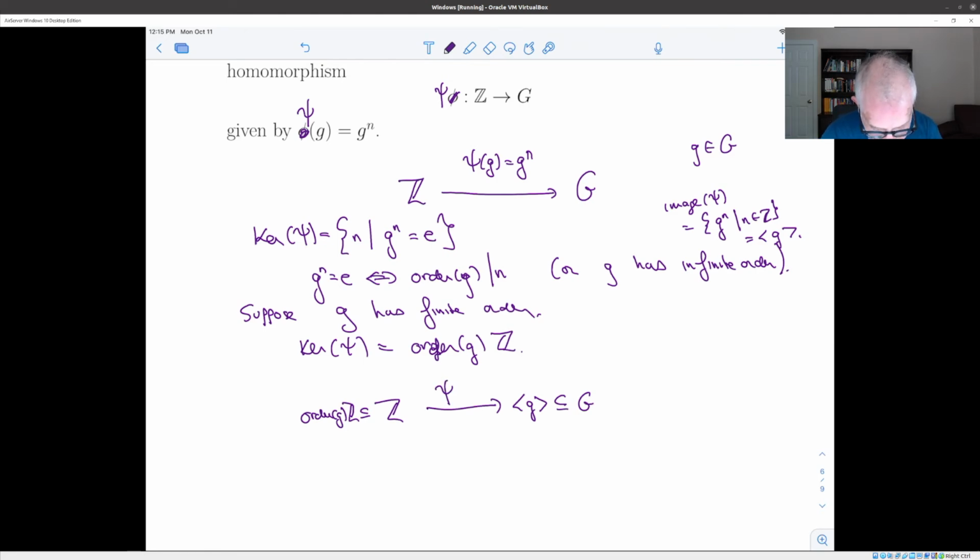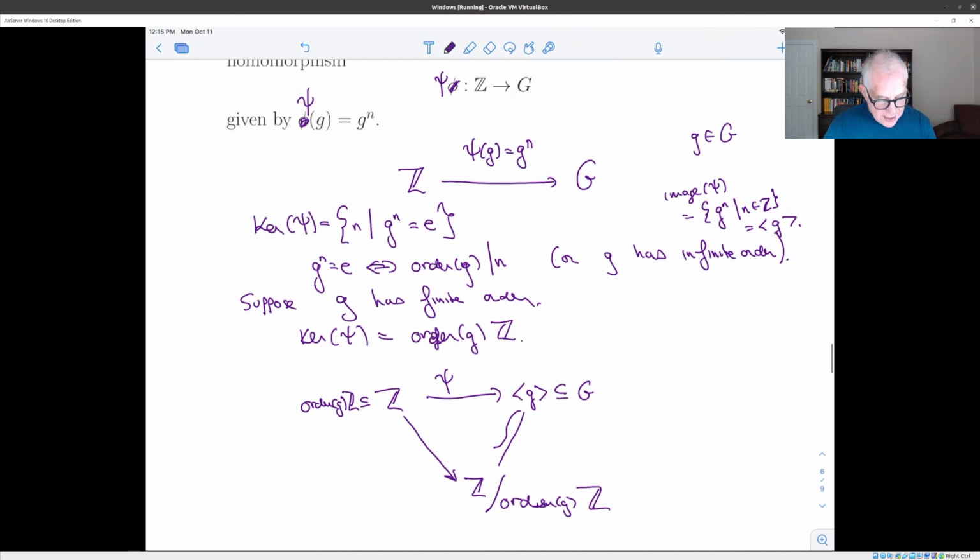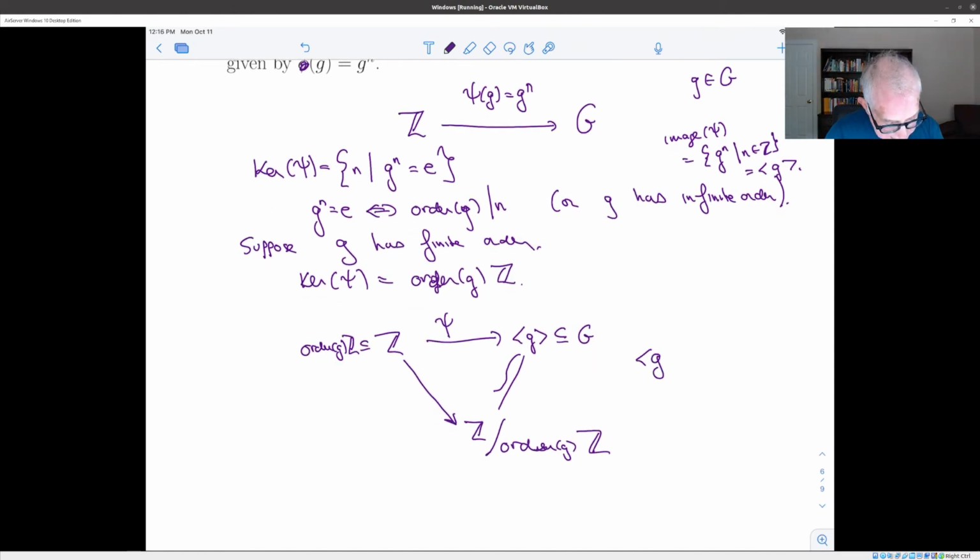The isomorphism theorem says you can first go to Z modulo the order of g times Z. So this is Z mod nZ, where n is the order of g. It's a finite cyclic group. And that is then isomorphic to the cyclic subgroup generated by g in the group big G. In other words, we've shown here that the cyclic subgroup generated by g is isomorphic to Z modulo the order of g times Z. And that shouldn't be too surprising.